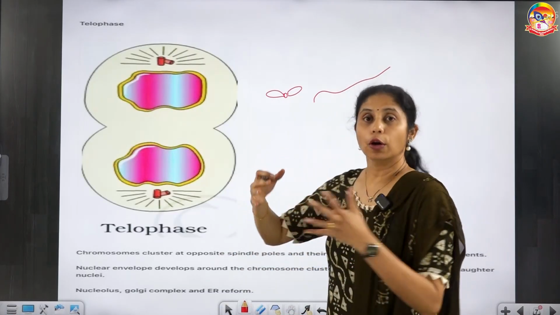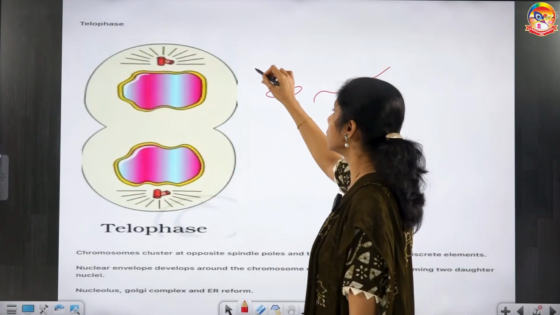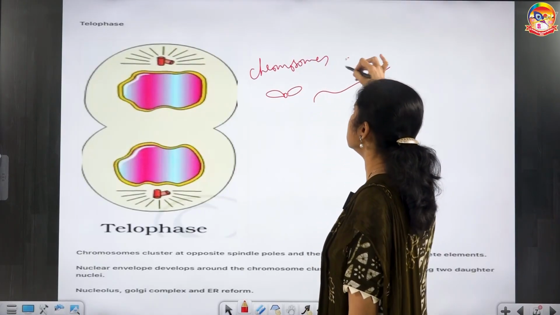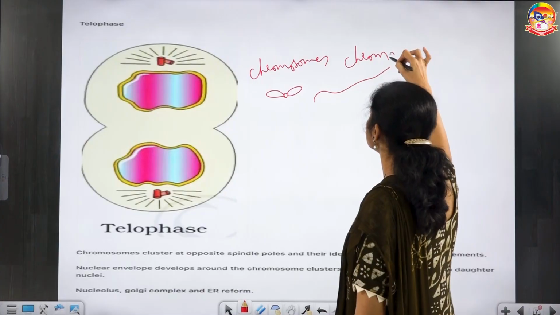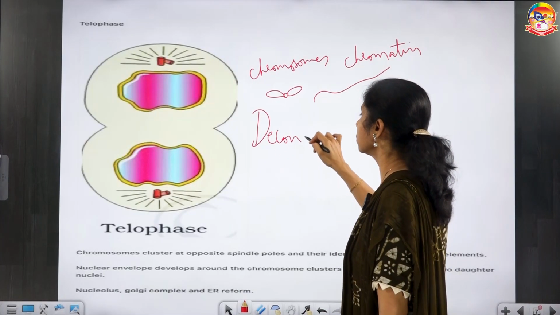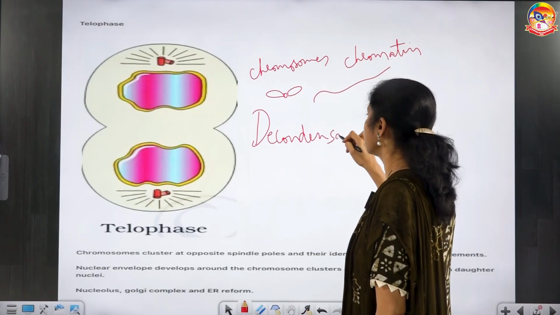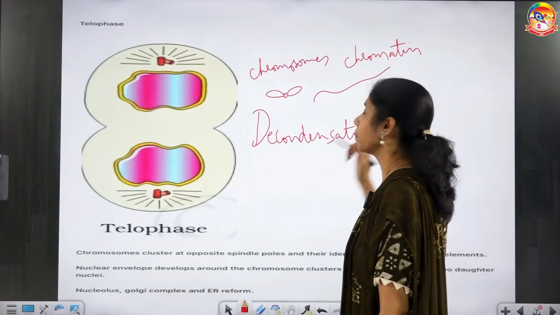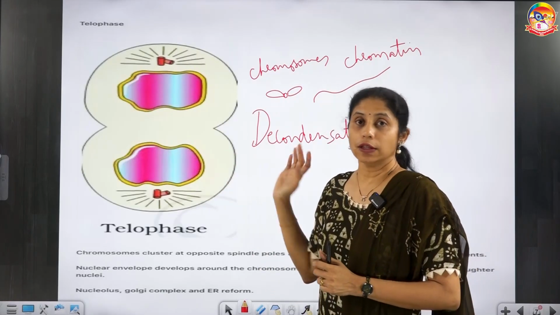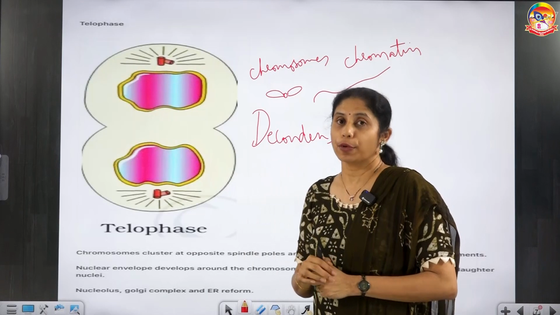Chromosomes will become chromatin. It is called decondensation. So decondensation of chromosomes into chromatin occurs in the telophase, which is exactly opposite to the prophase.